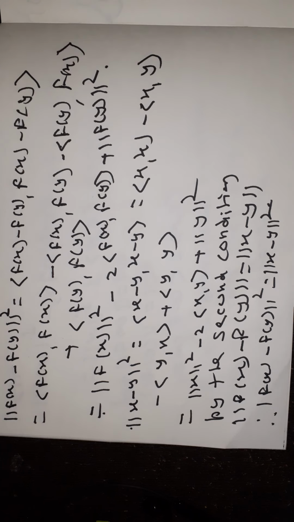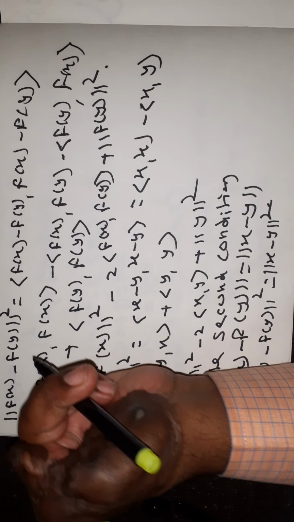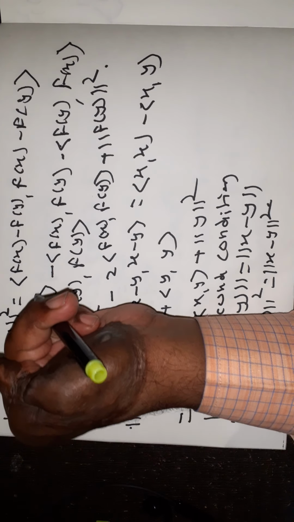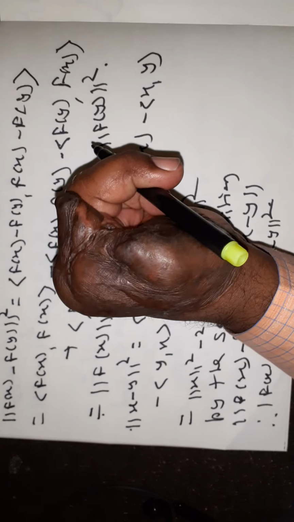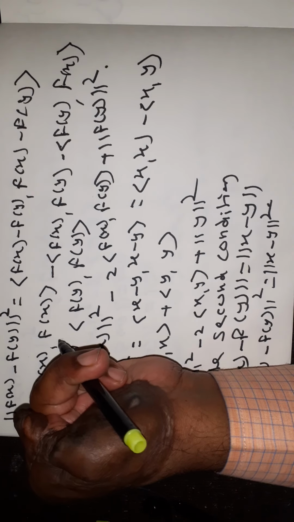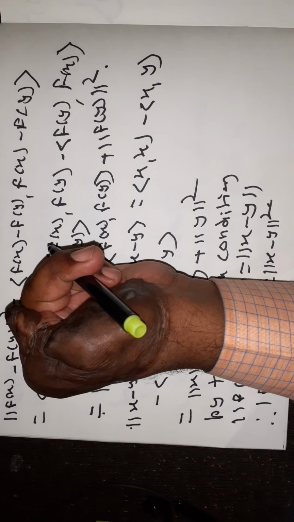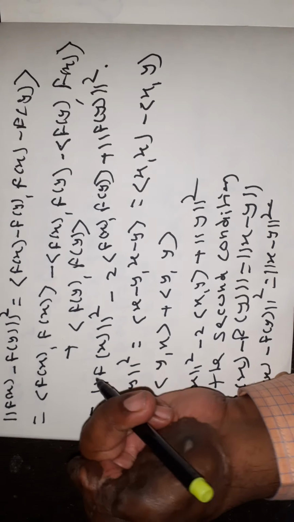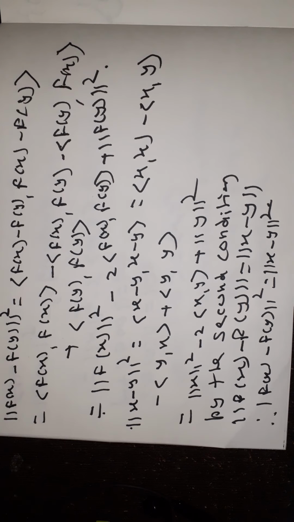Now we prove that, here, norm of f(x) minus f(y) squared. By definition of the norm, this is equal to angle bracket f(x) minus f(y), f(x) minus f(y), which is equal to angle bracket f(x), f(x) minus angle bracket f(x), f(y) minus angle bracket f(y), f(x) plus angle bracket f(y), f(y).